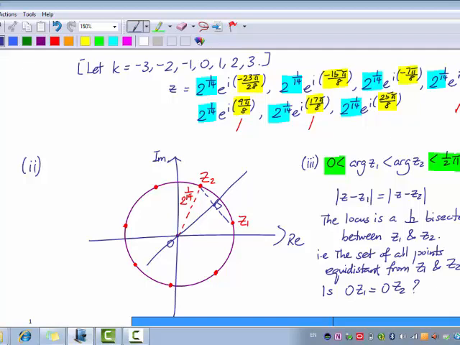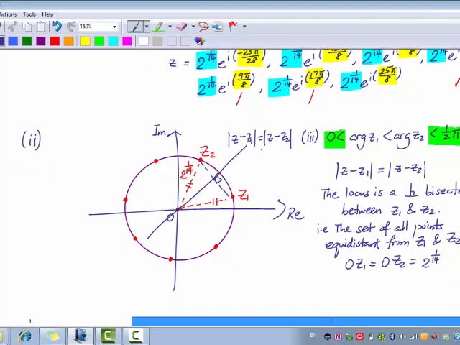Because if they are, then O lies on the perpendicular bisector. Think about it. OZ1 and OZ2 are indeed equal because they are both the radii of the circle. They are both equal to 2 to the power of 1 over 14.